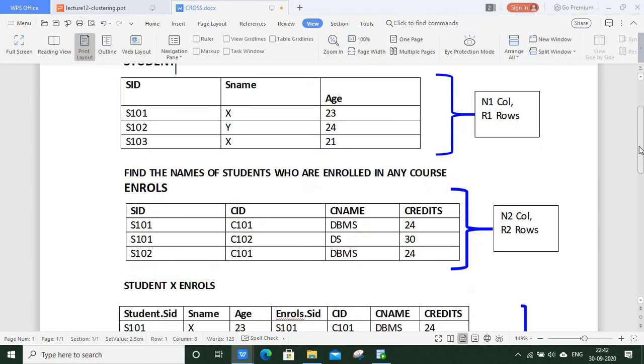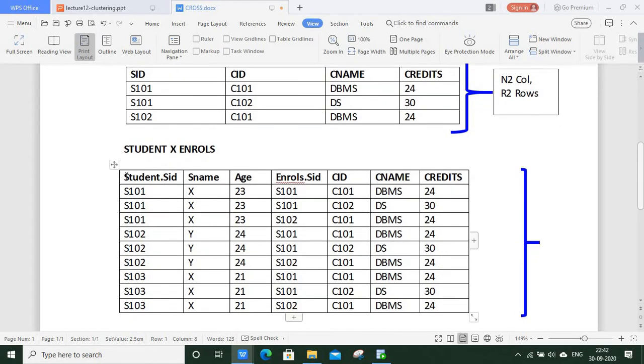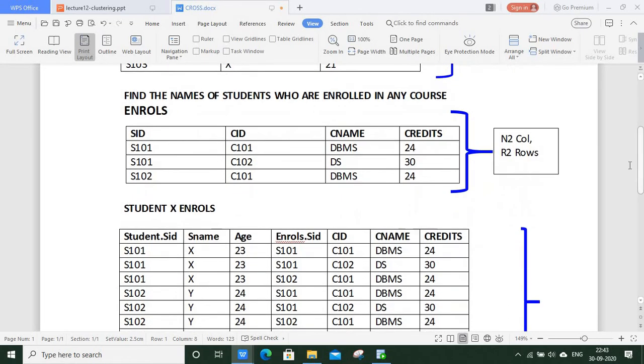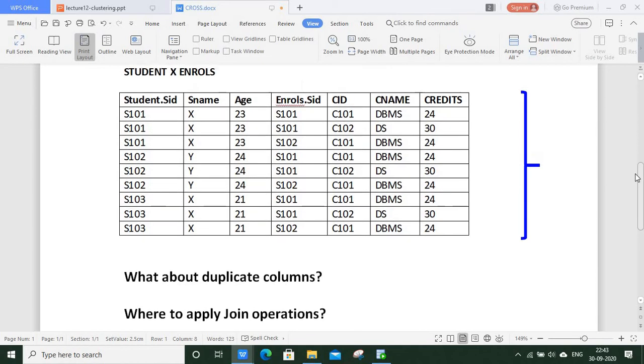When we take the cross product of these two tables, a new table will be formed that has all the columns present in the two tables. That is, if we have n1 columns in the first table and n2 columns in the second table, there will be a total of n1 plus n2 columns in the resultant table. Now how will the rows be formed?